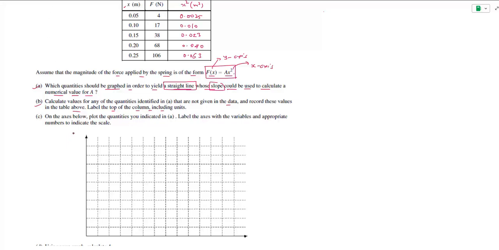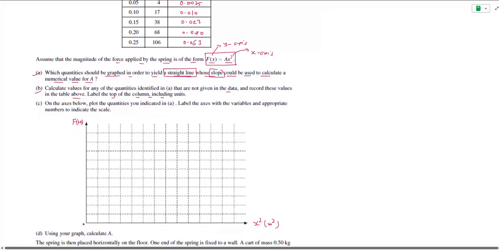So definitely, as I have said, you will plot f along the y-axis. You will plot f in newtons and x square in meter square, right? From here you can very easily check the values: 0.0025, 0.10, 0.2, 0.4, 0.6. So we can plot it accordingly.